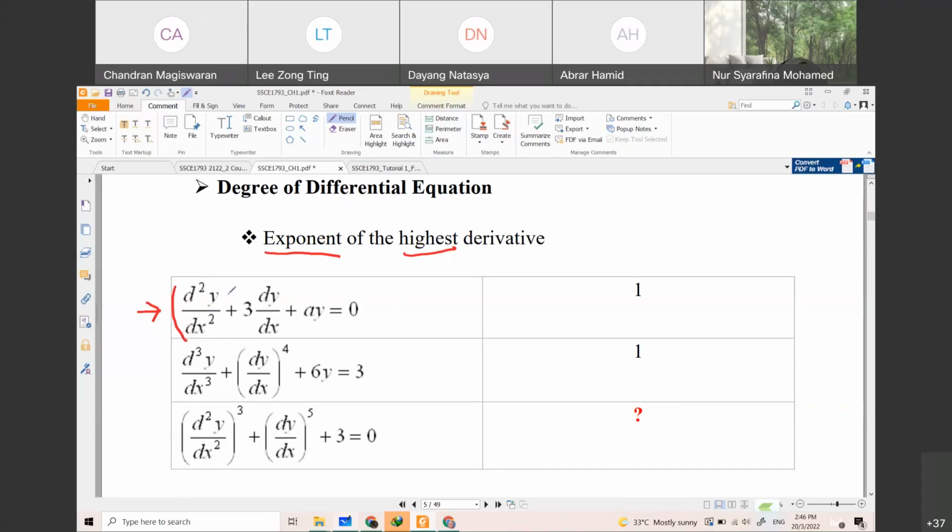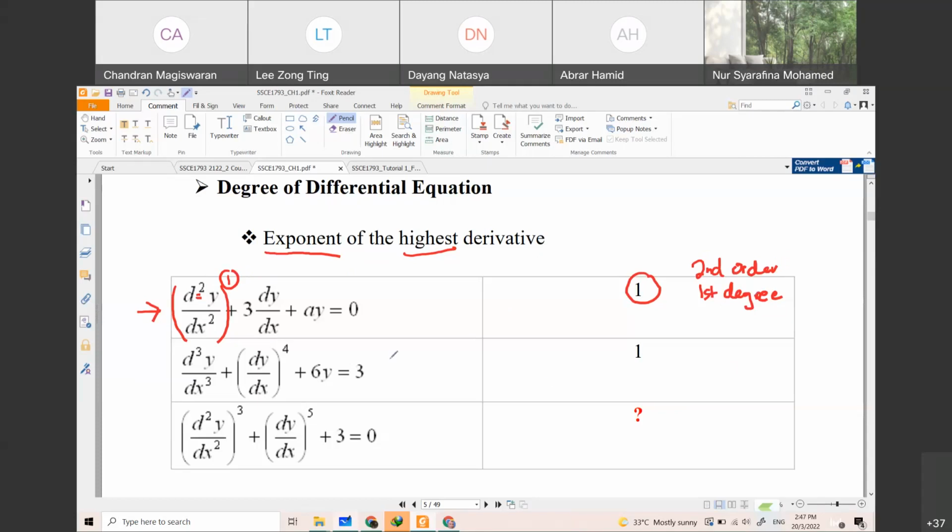What is the exponent of this? To the power of what? 1. So first degree. Understand or not? You know from this example that this is second order, because of these two. And this d squared y over dx squared is to the power of 1, so it is first degree.